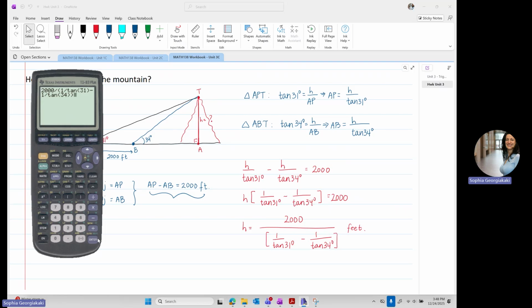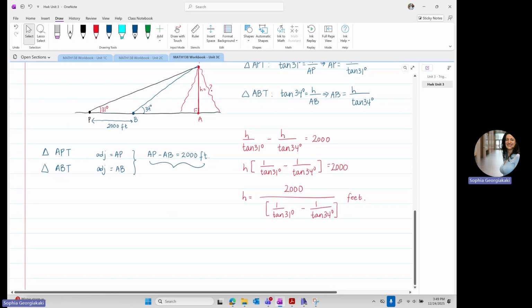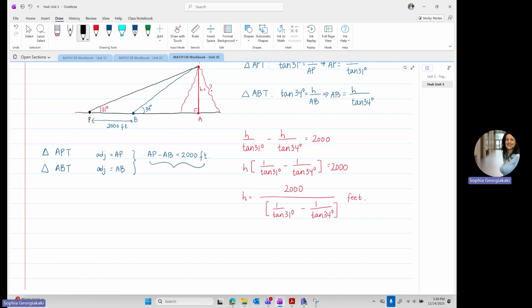And then close the denominator. So 11,006.0. How high in feet? So the height is approximately 11,006 feet. That seems like a reasonable answer.